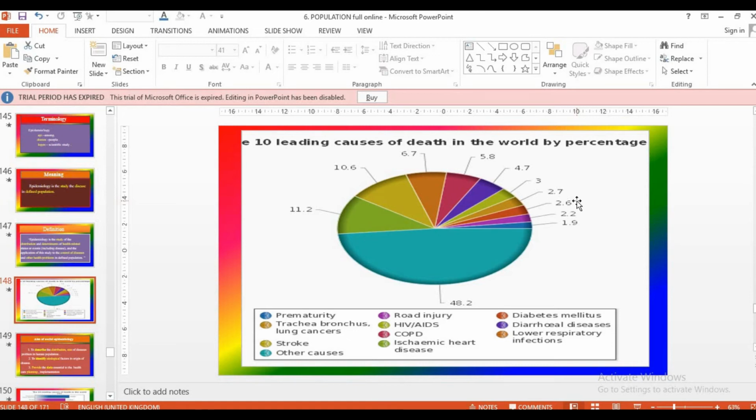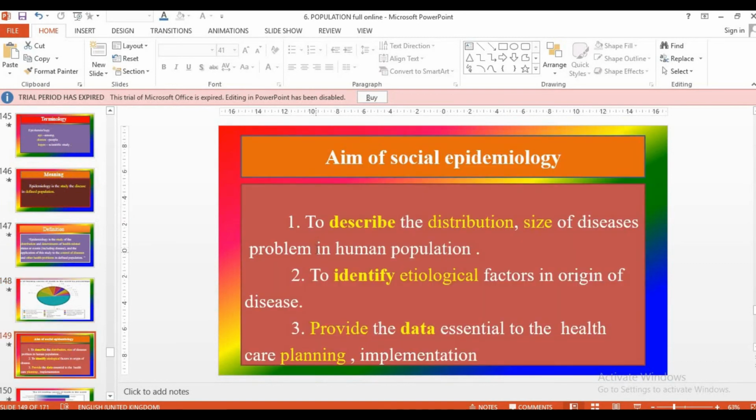So these are the data. This only explains what is meant by epidemiological data, which means how many diseases are distributed in a particular population.